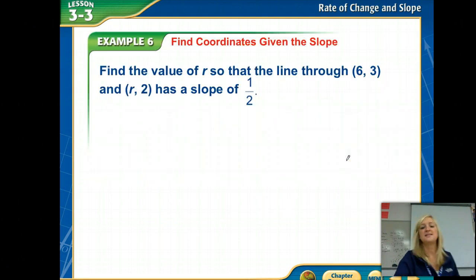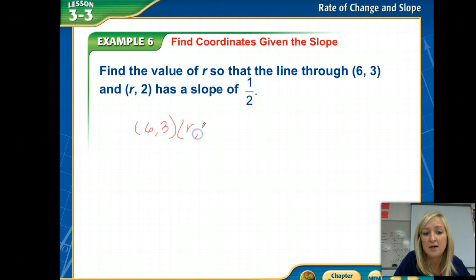All right, the last example is finding coordinates given the slope. So we're going to set it up the exact same way, but notice here we're trying to find that missing point and they give us the slope. So I have 6, 3, and r, 2. Here's my x1, my y1, my x2, y2.